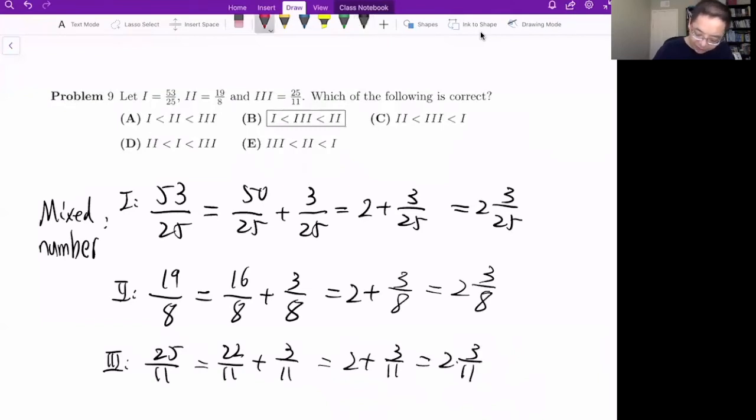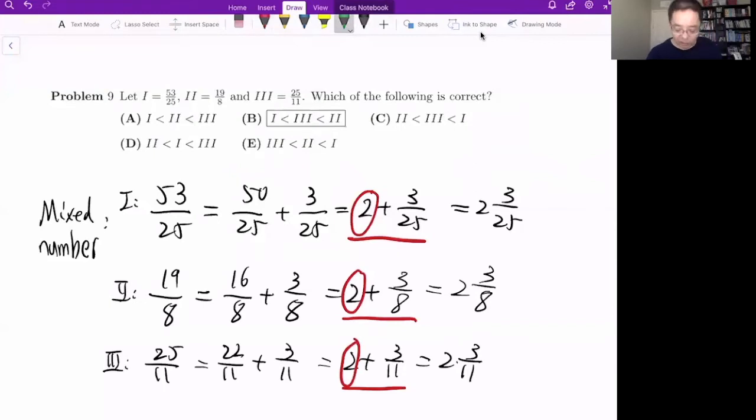All right, now if you want to compare these 3, obviously the integer part is the same. And then if you compare the fraction parts, the numerators are the same: 3, 3, 3. So now you just need to compare the denominators, right? So this is 5, this is 6.